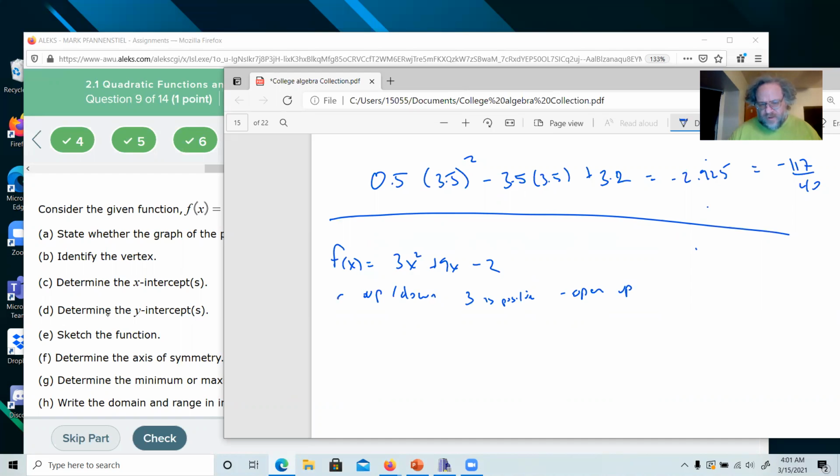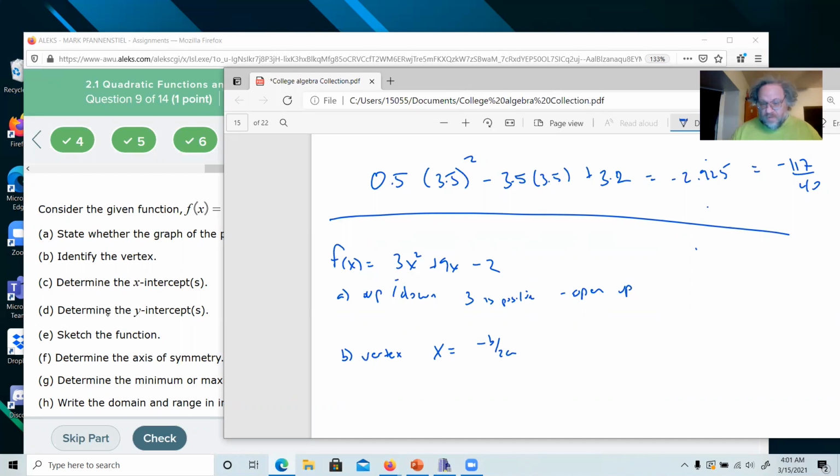All right. Identify the vertex. Now, this is completely up to you as to how you would like to solve it. I personally would try to avoid anytime I would have to complete the square when the first coefficient isn't 1. So I'm going to go ahead and say x is equal to negative b over 2a.